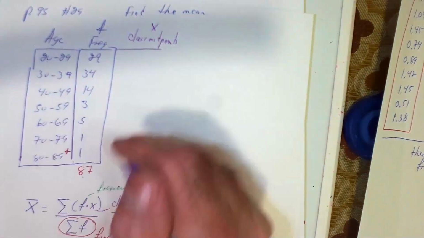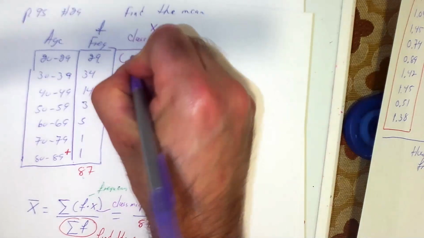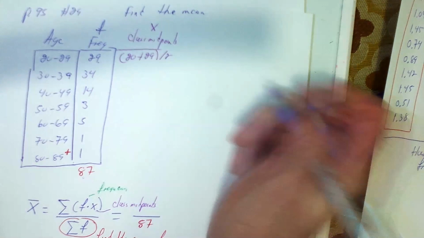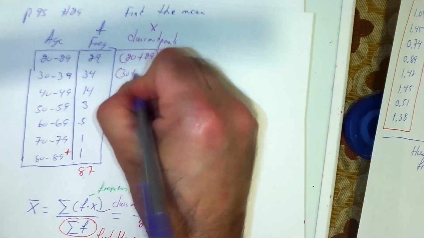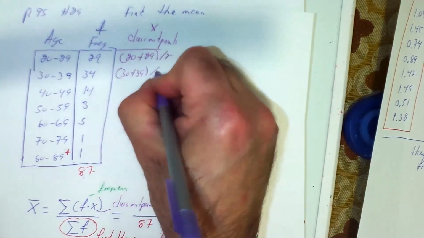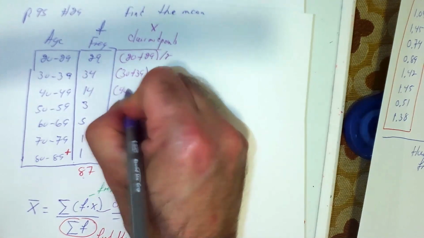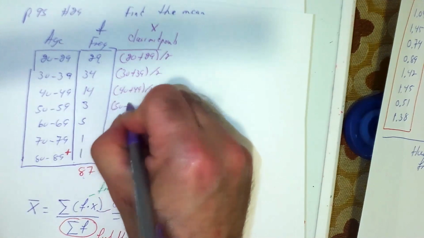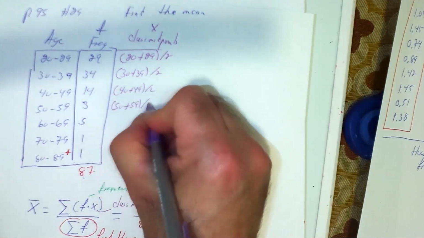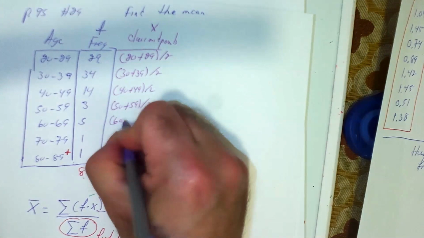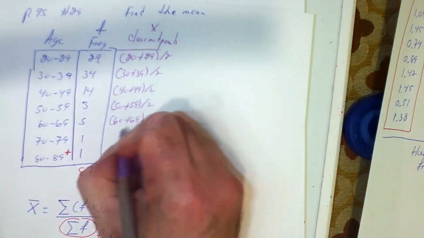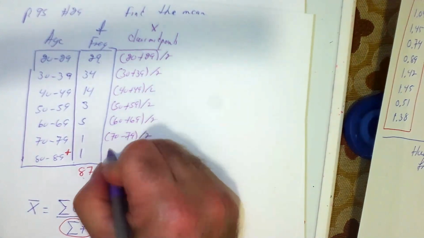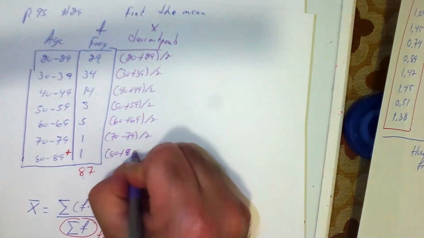So I'm going to add 20 plus 29 divided by 2, 30 plus 39 divided by 2, always divided by 2, and so on, 70 plus 79 divided by 2, 80 plus 89 divided by 2.